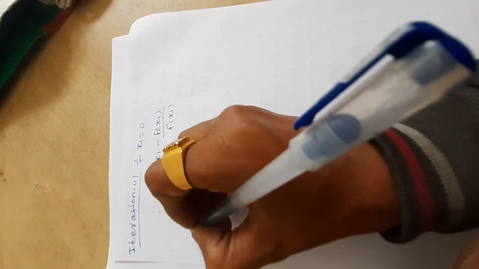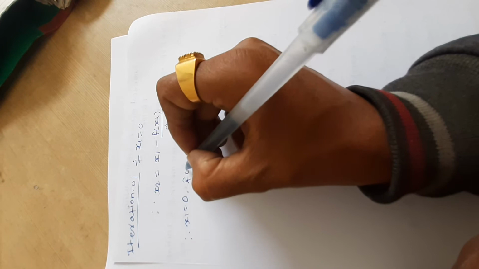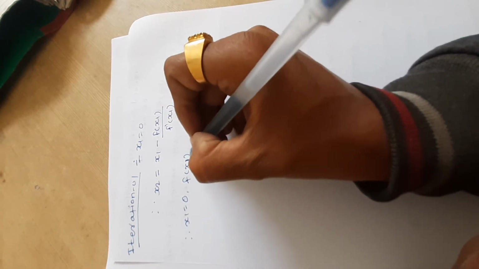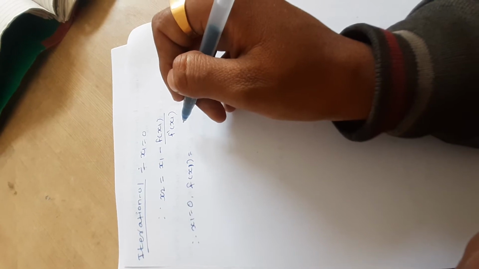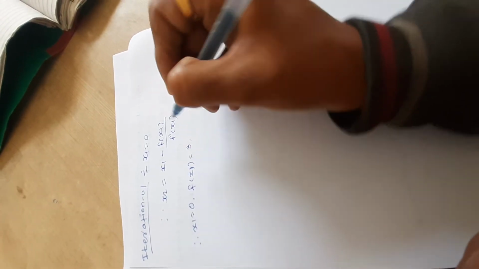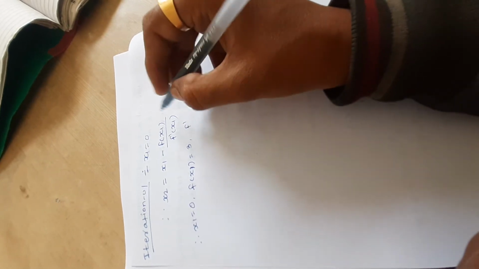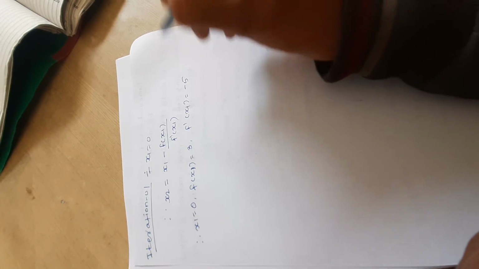Again we know that x1 is 0. What about f of x1? We have already calculated the value of f of x1 as equal to 3, and f dash of x1 is equal to minus 5.